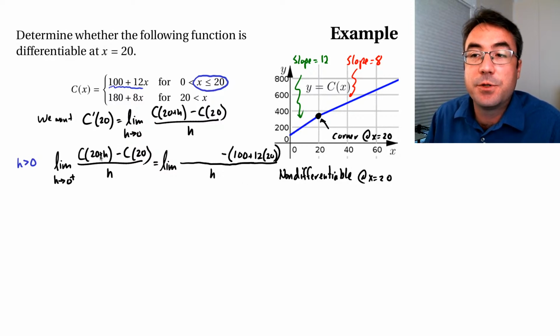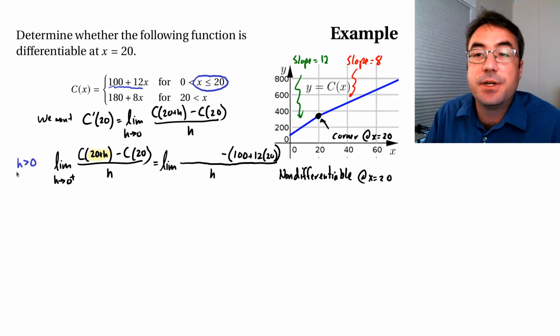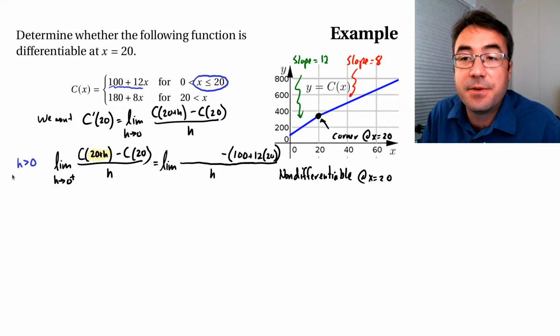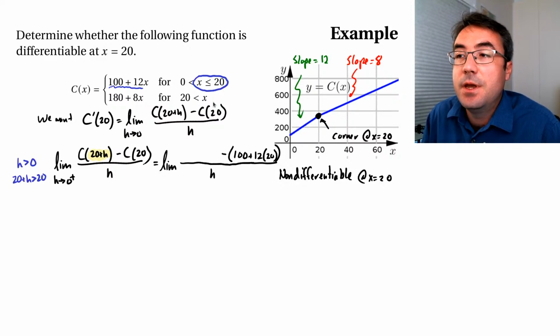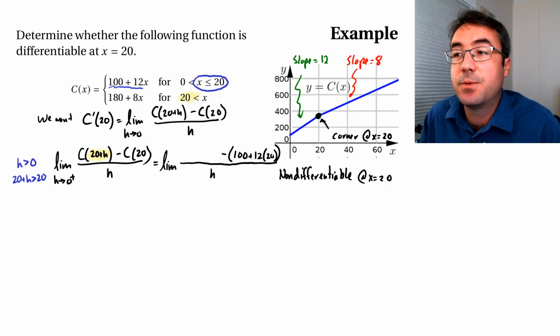All right, so what about the 20 plus h? What do we do with that? Well, if h is positive, 20 plus h is going to be bigger than 20. So we go up to our piecewise function, and we see that when the variable we're plugging in is bigger than 20, we're right here in this case.